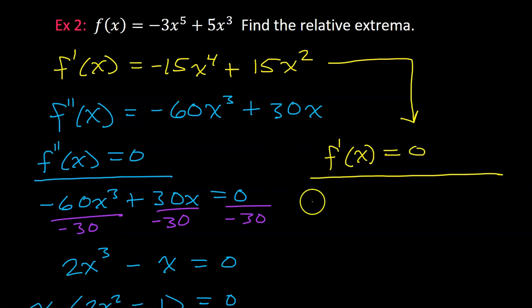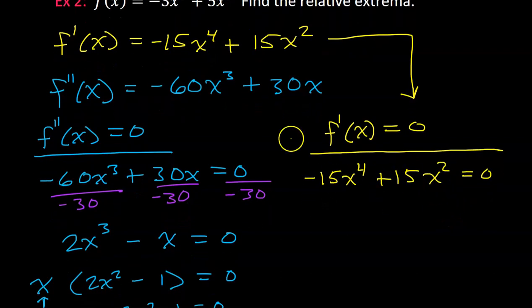So setting this equal to 0, we have negative 15x to the 4th power plus 15x squared is equal to 0. Let's divide both sides by negative 15. So I'm seeing that common factor there.